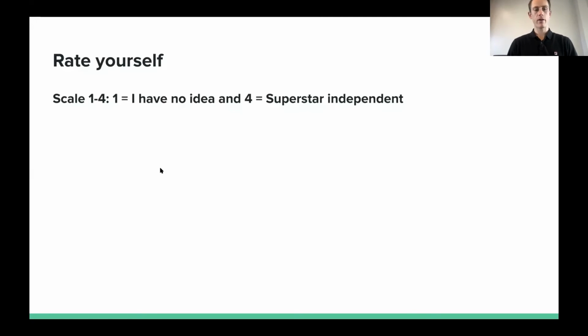So let's rate yourself now. Have everyone think about, on a scale of 1 to 4 again, how well can you do these prep steps? How well can you make an action plan? 1, I have no idea. 4, I'm superstar independent.